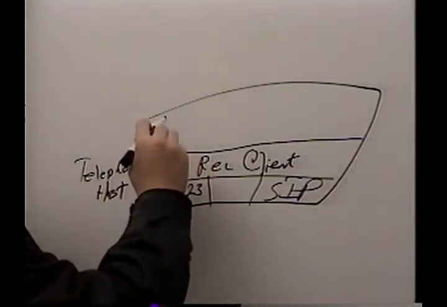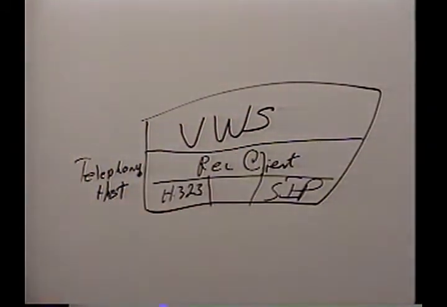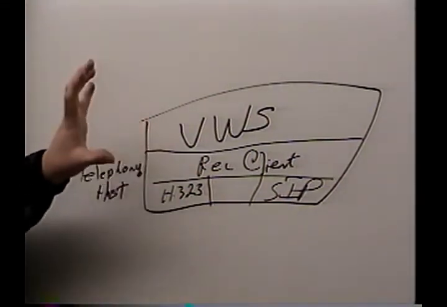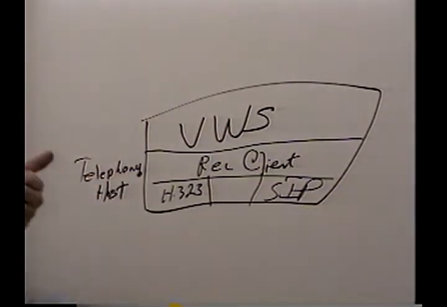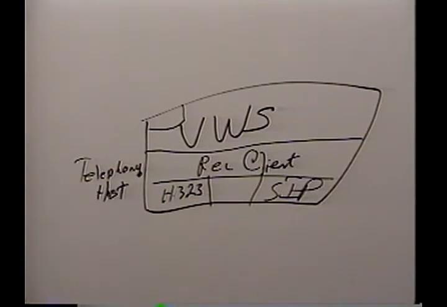Above the rec client is the voice web server. This is the equivalent of the parser in the CallXML AGS. It is responsible for doing an HTTP fetch for any of the script files, processing that, turning it into the actual rec client API calls, and handling all those pieces.